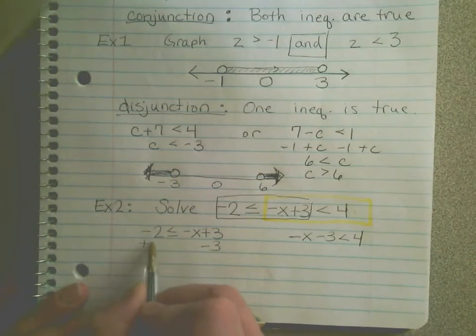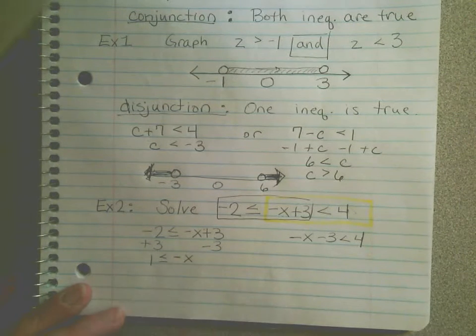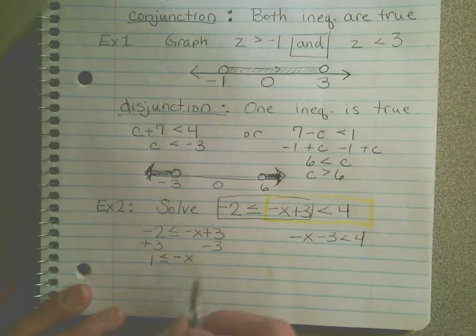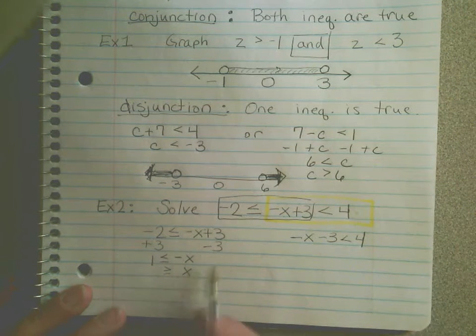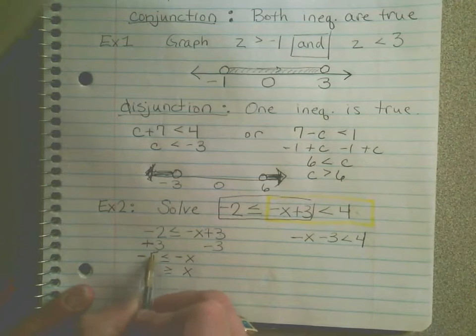Adding 3 gives me 1 is less than or equal to the opposite of x. Since it's the opposite, if you flip the sign, subtracting 3, wow, negative 5, thank you.